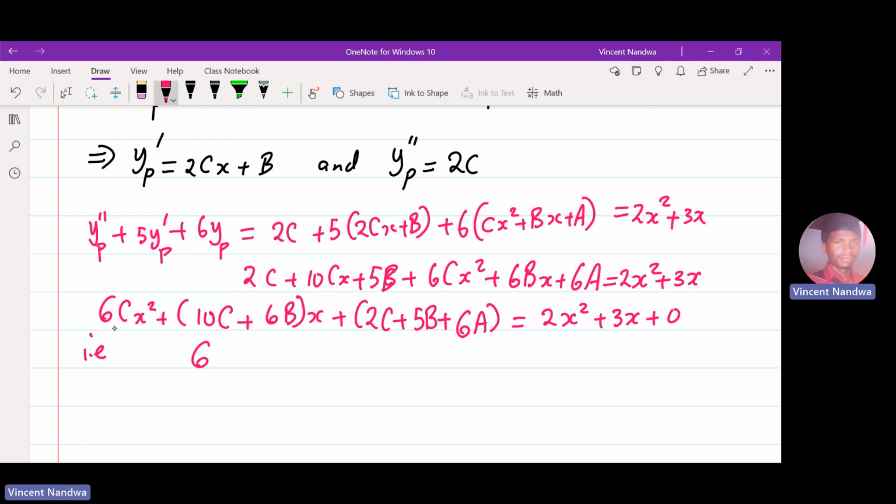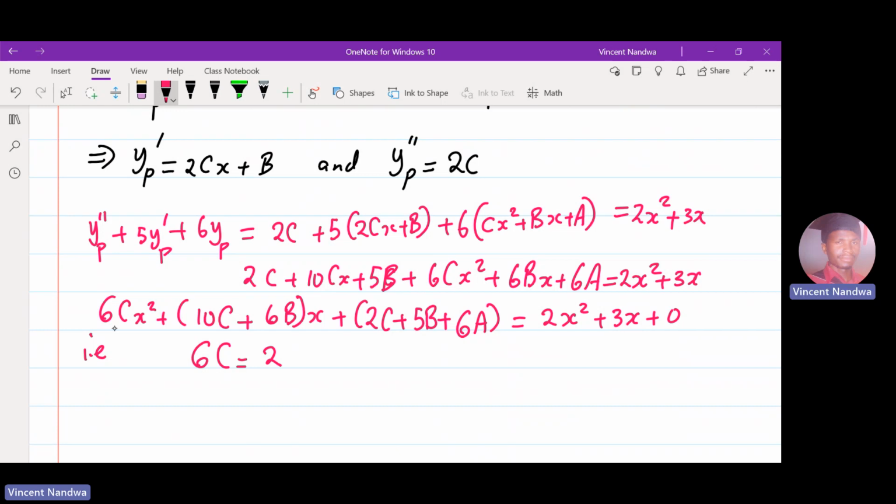So that will mean that 6c must always give us 2. Remember, 6c x squared, this is 2x squared. Which means what the x squared on the left-hand side is carrying must be exactly the same value that x squared on the right-hand side is carrying for the equality to be true.